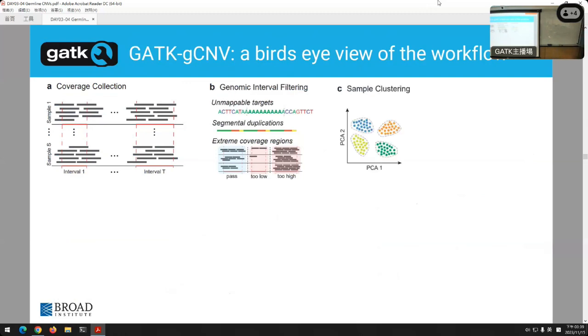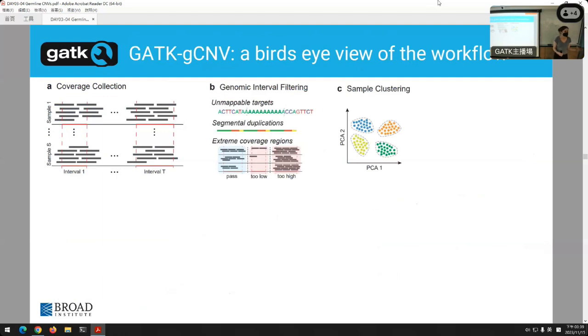Okay, then we perform sample clustering. So the GCNV pipeline is not designed to scale to like 10,000 samples at once. So part of this is for scalability. If you have a very large cohort, you will need to break it up into smaller groups of samples in order to be able to computationally perform CNV calling.